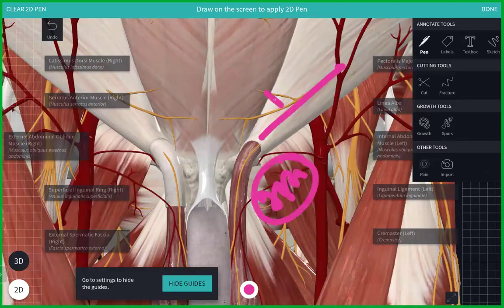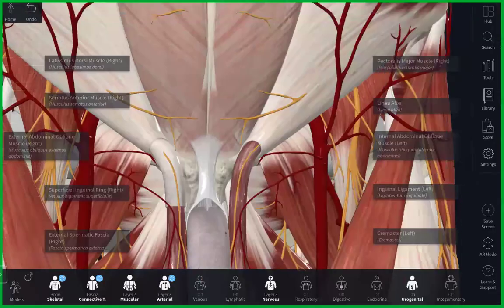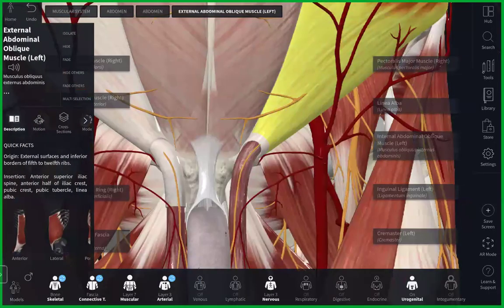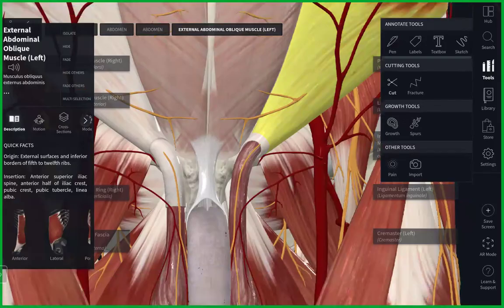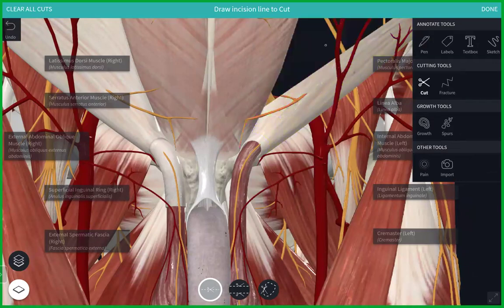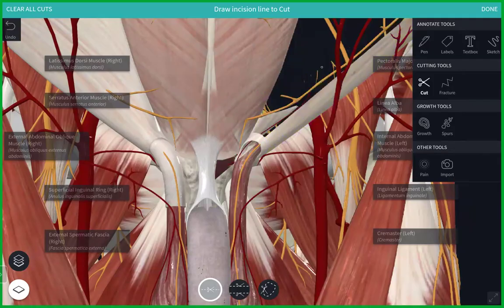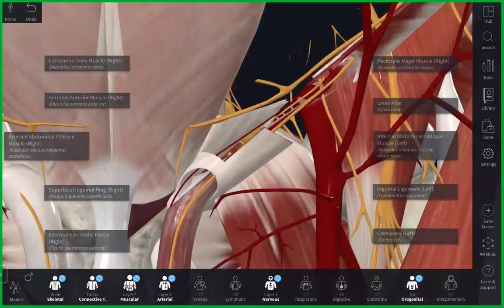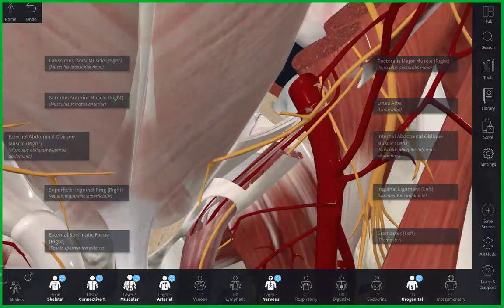So you have to divide external oblique because we can clearly see that if we give an incision here, the inguinal canal is opened.